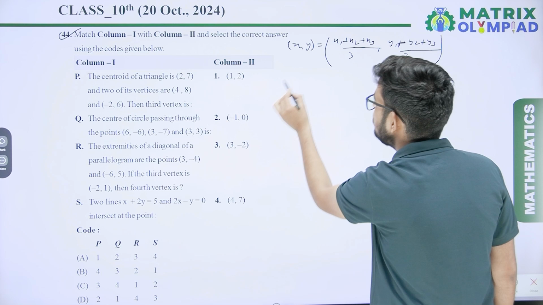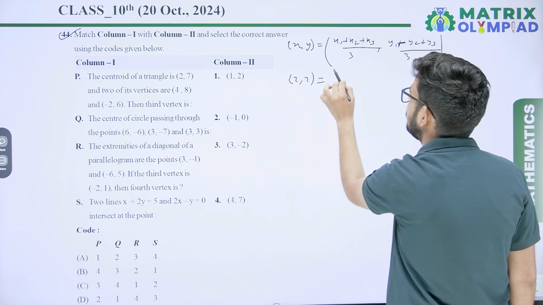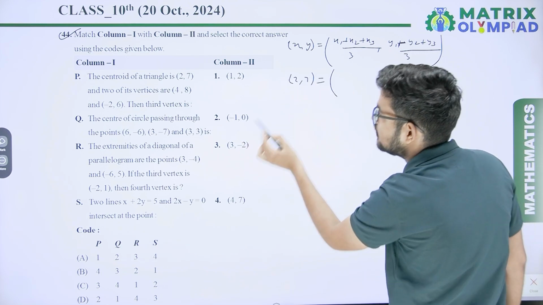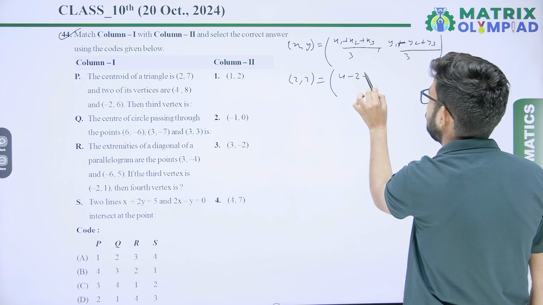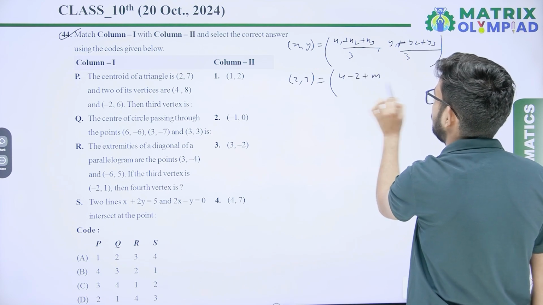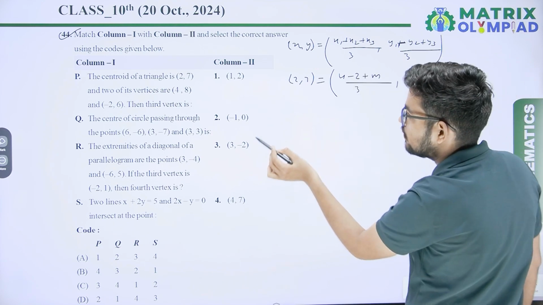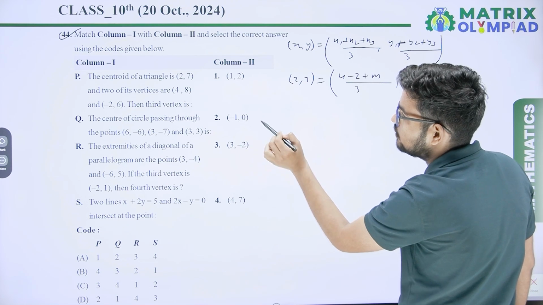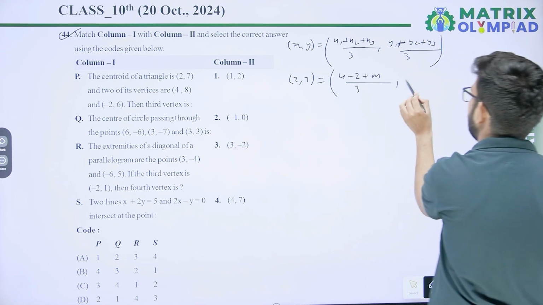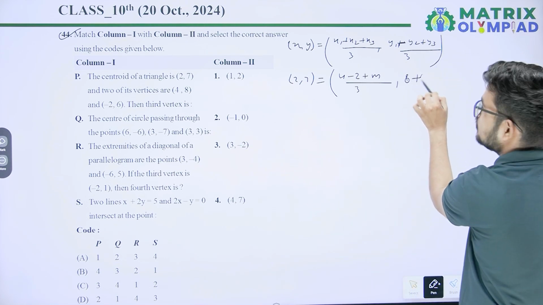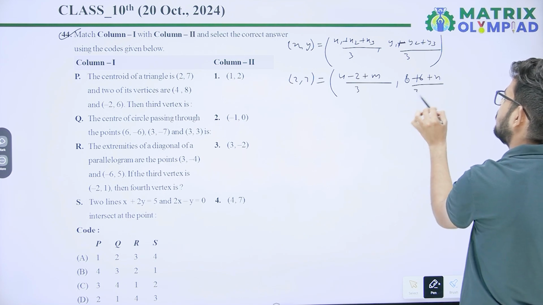So the centroid 2, 7 equals x1 plus x2, that is 4 minus 2 plus, let's assume m, upon 3, and y1 plus y2, that is 8 plus 6, plus y3 as n, upon 3.